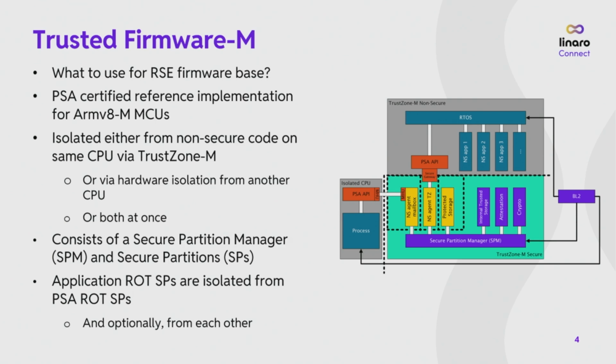It provides the separation between normal world and secure world through TrustZone hardware. It already had a secure partition manager, which is a lightweight kernel on the secure side with some standard secure services running on top of it, which could be accessed from the normal world through PSA APIs. Then it had the MCUboot-based BL2 bootloader that would authenticate the normal world and secure side images. So all these things already existed in TFM.